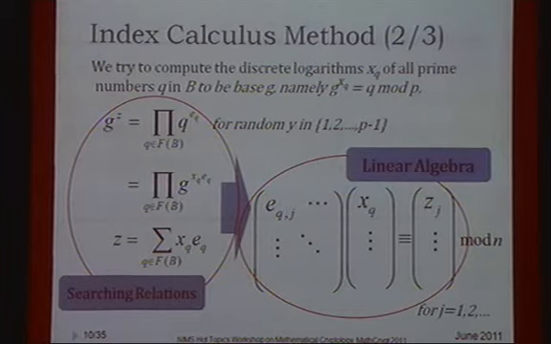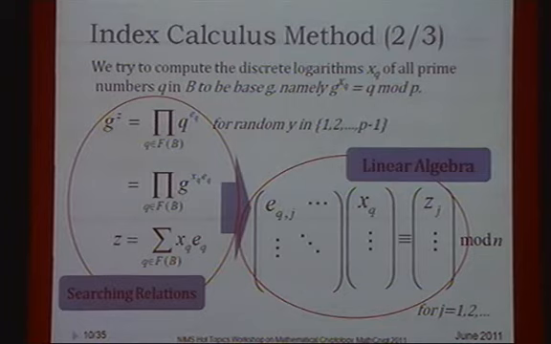Namely, we want to find x_q for target q. Here, instead of a, we want to solve this q. Then we denote x_q as a discrete logarithm of this equation.